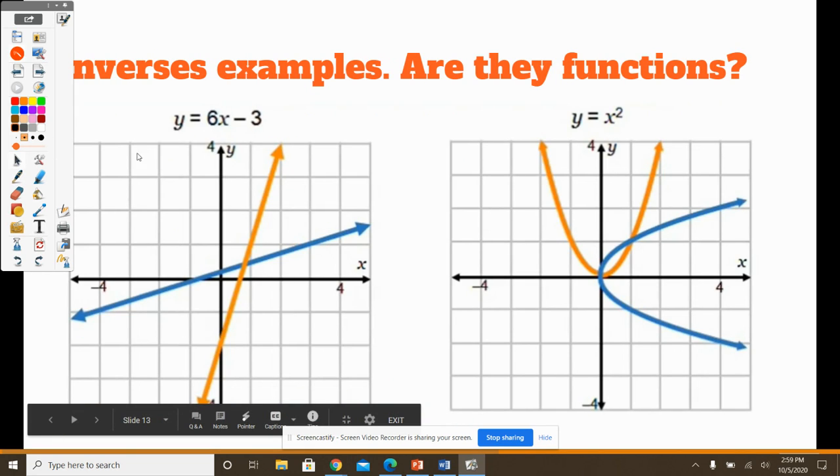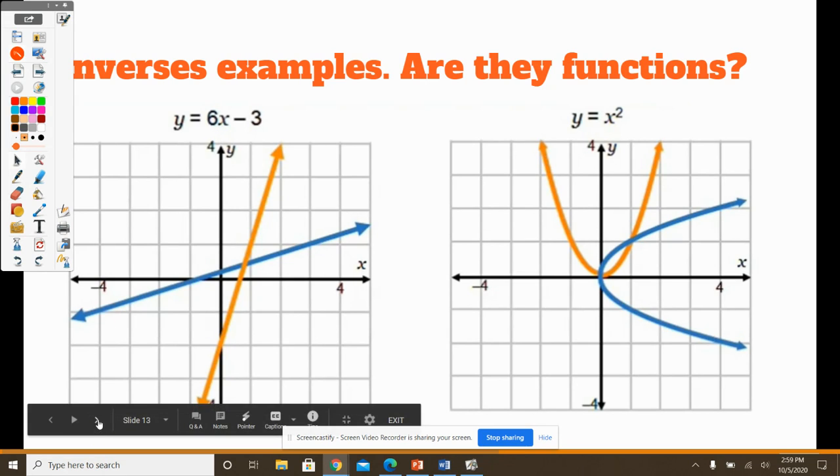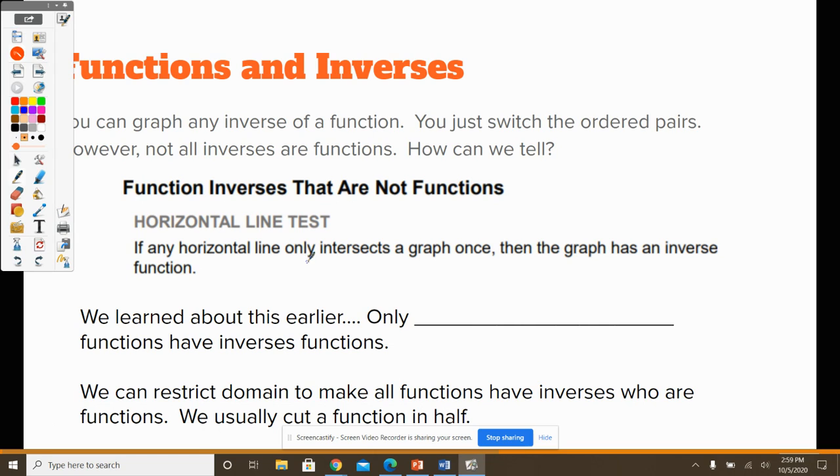Because this guy is not 1 to 1, when you switch the ordered pairs, it will not be a function. So only 1 to 1 graphs have inverses that are functions. You still have an inverse, but it's not a function. Okay, so only 1 to 1 functions have inverse functions.